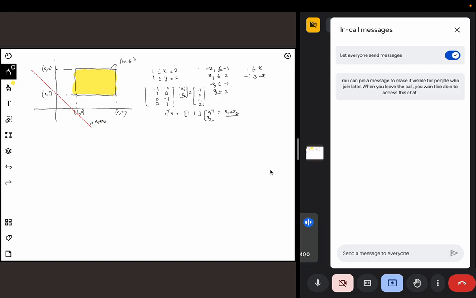Now depending on the value of x1 and x2, what will happen? You will either move this side or this side, right? If you move along this direction, then you are trying to maximize x1 plus x2. If you are moving along this direction, you are trying to minimize x1 plus x2.